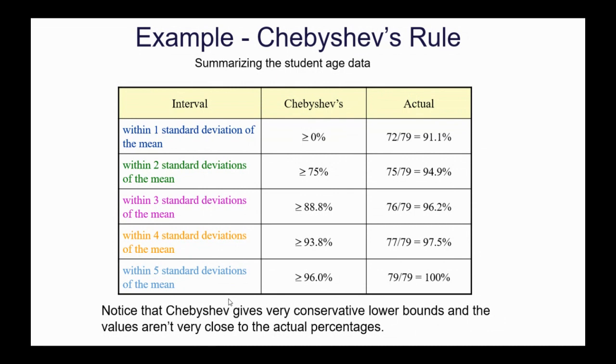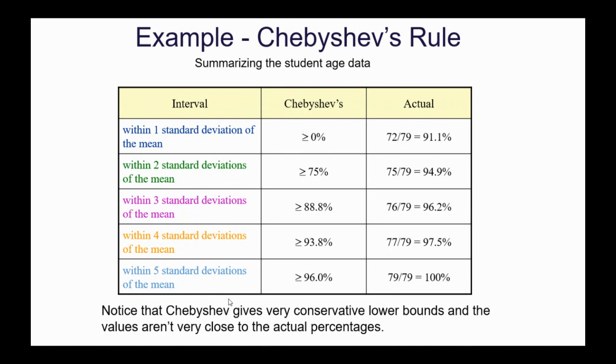3 standard deviations, we rounded up when we said it. We said 89. They used 88.8, but still, our data actually had 96.2%. And then they're eventually getting closer as we up the standard deviations. So within 5 was 100%.